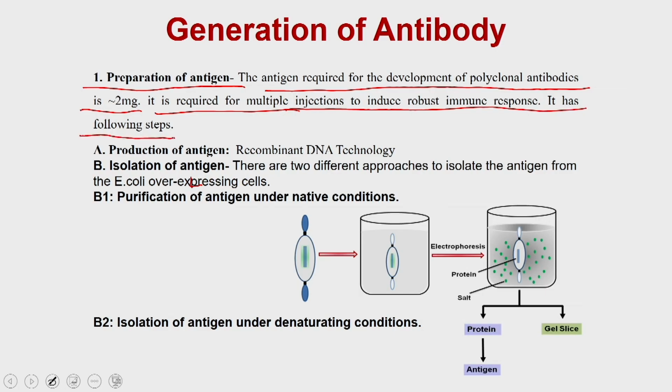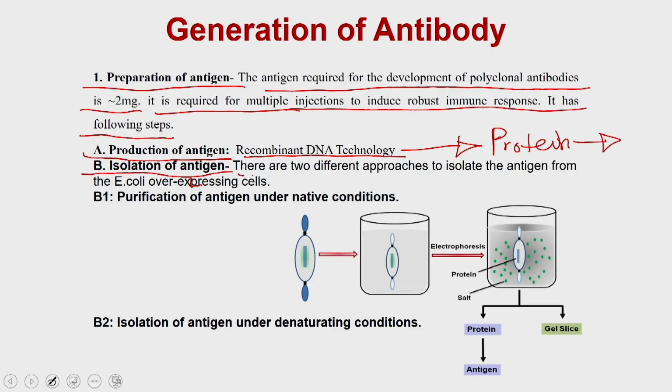Preparation of antigen has the following steps. Number one, you are going to produce the antigen. So, you are going to use either recombinant DNA technology, or you will use the conventional chromatography techniques to purify the antigen of your interest. Then you are going to do isolation of antigens, because at the end of recombinant DNA technology it will give you the protein, and that protein has to be isolated from the gel.